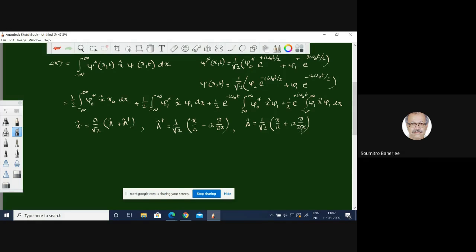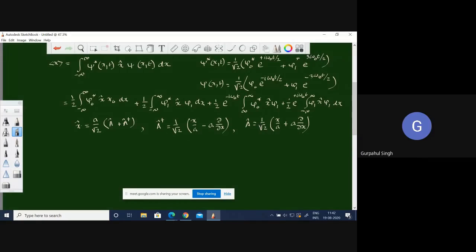This is what you learned earlier, the definition of the two operators. Sir, we would have an i also, right? No, it should be x minus ip and plus ip, and p has an i factor in it, so there should not be an i.